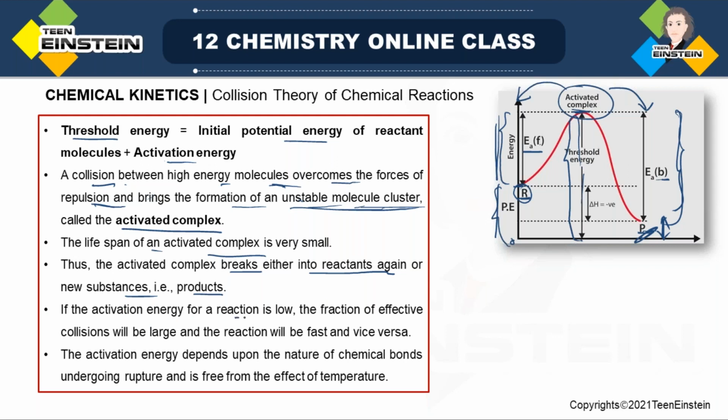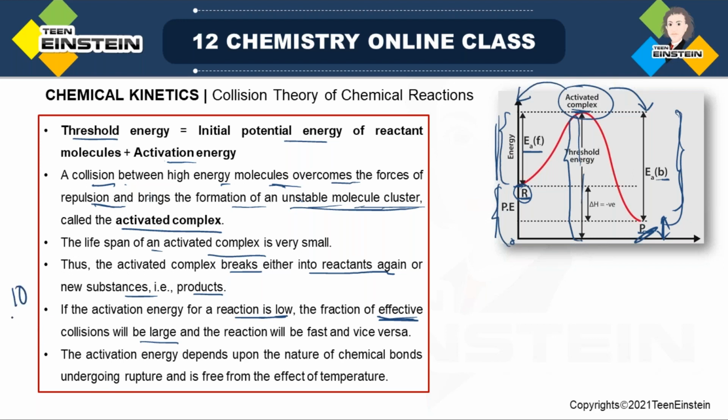If the activation energy for a reaction is low, then the fraction of effective collisions will be large. Activation energy low means we don't have to provide very high energy. The reactant molecules can collide with each other, and that is the fraction of effective collisions. Suppose there are total 10 collisions.